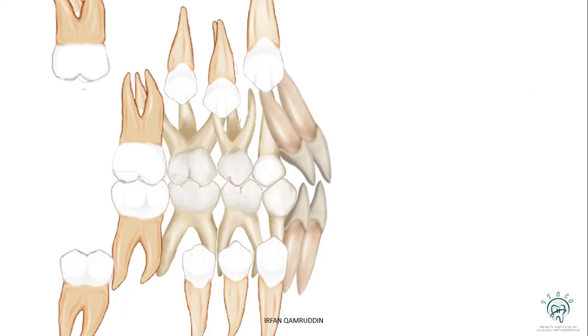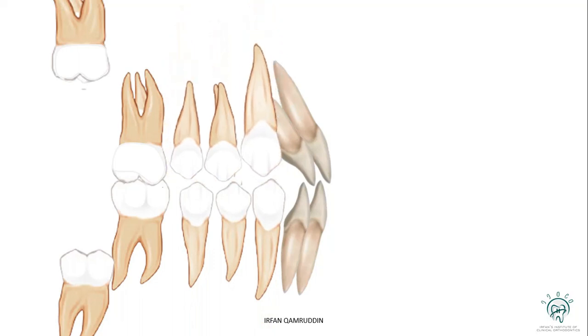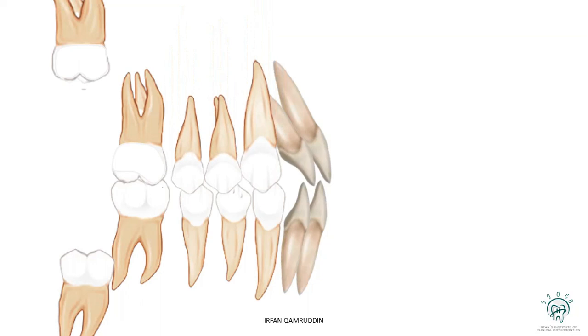So when primary C, D, E are exfoliated and 3, 4, 5 have erupted, you get additional space. Same is true of the upper dentition, but not to that much extent. So these remaining spaces are known as leeway space, which is more in the lower arch as compared to the upper arch.